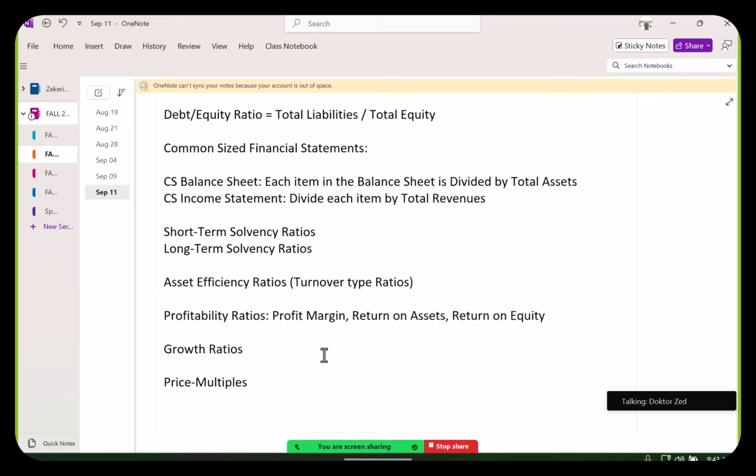Sustainable growth rate would be to what extent you could grow as long as you could borrow more, provided you keep your debt equity ratio the same. So these are internal and sustainable growth rates.